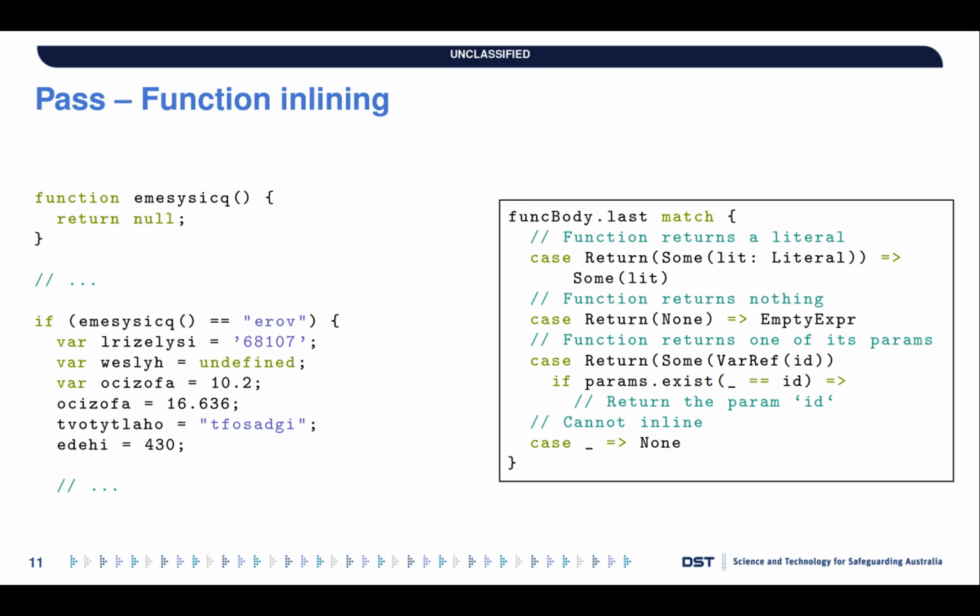So this rule is saying that if a function body only contains a single statement and that statement is a return statement that is returning some literal expression, then we can replace that function call with that literal expression. Anything more complex than this, then we say that we cannot inline and we just leave the function call as is.